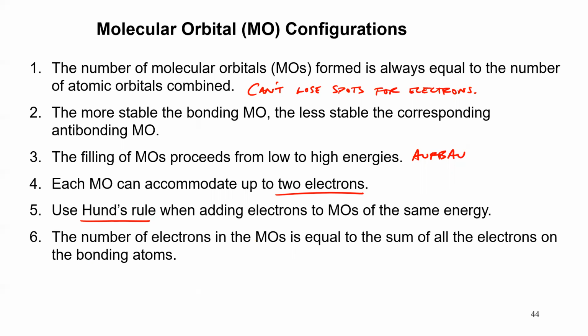So we'll see an example in a minute where we have molecular orbitals that are equal in energy. And then, of course, we can't lose any electrons, right? The number of electrons total in the molecular orbitals is equal to the sum of all the electrons in the bonding atoms. And so just like we can't lose spaces for those electrons, we can't lose electrons either.